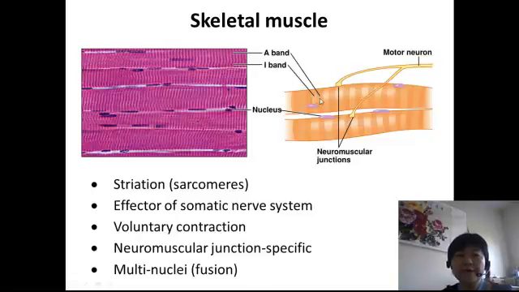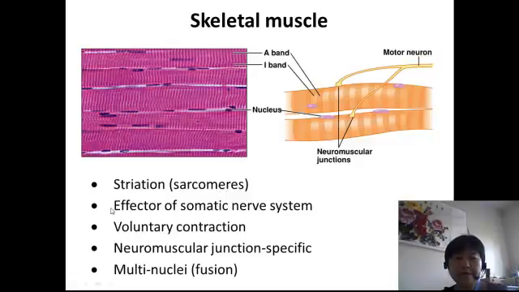So it's a very systematically repetitive structure that is very important in both skeletal muscle and cardiac muscle, and this feature is called striation. The basis of striation is the repetitive structure of sarcomeres.